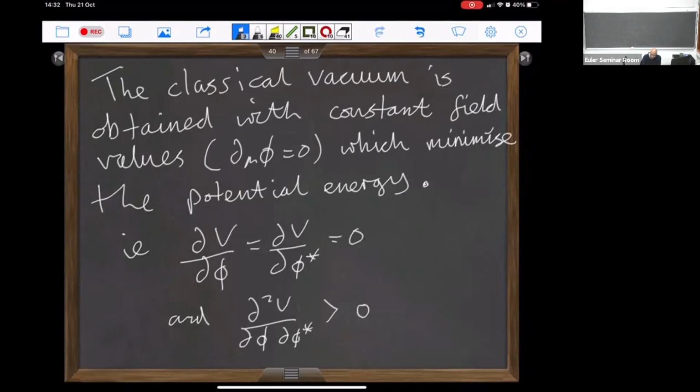What one should really do is take the real and imaginary parts of phi, treat them as real scalar fields, and then you want the matrix of second derivatives of those two real scalar fields to have positive eigenvalues in the vacuum state that you find by solving the first set of equations.